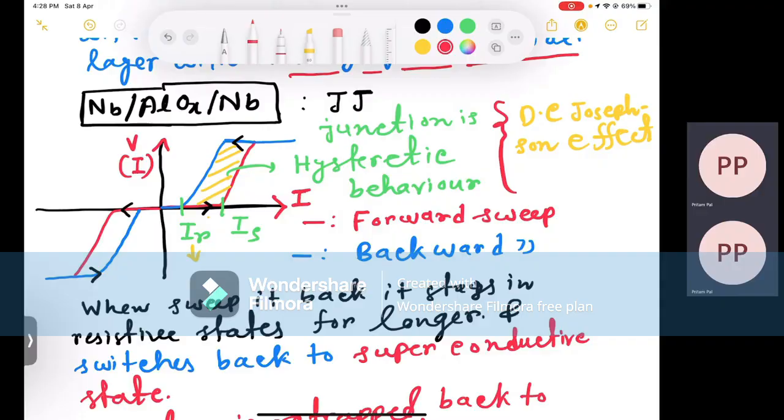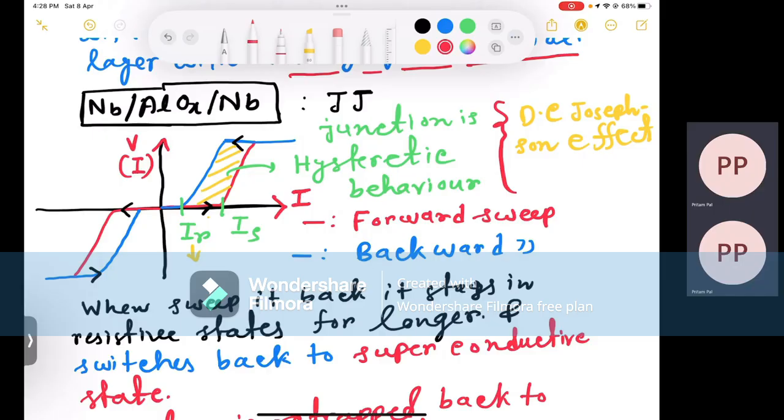So you can see here, right? When we are sweeping the bias in the forward direction, the path that the IV characteristic follows is not the same path followed when we sweep it back. So it's clear there is some hysteresis, right?